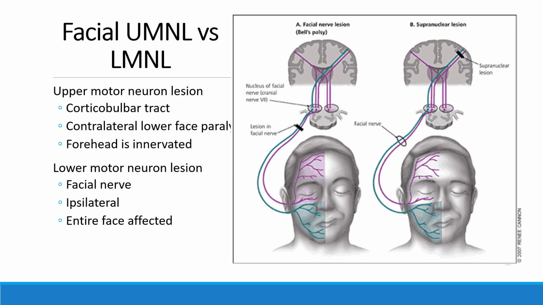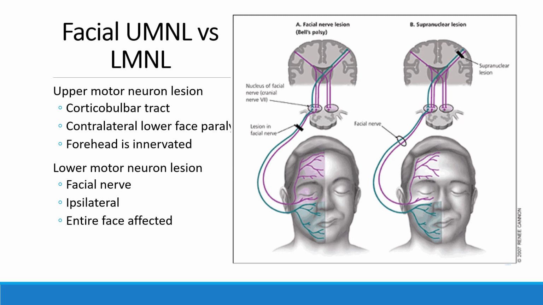Remember, that's contralateral to the body side. And then the forehead is innervated here. So the term we use is that a stroke is forehead sparing. Note the difference in the green versus the purple. So we're knocking out the main one up at the top on the contralateral side.